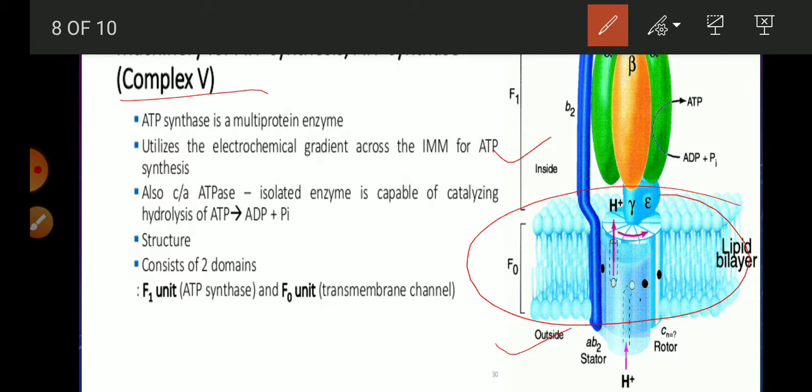It is composed of multi-protein enzymes, and it utilizes the electrochemical gradient of protons to form ATP. If we see its structure, it consists of two domains, the F1 unit and the F naught or F0 unit.